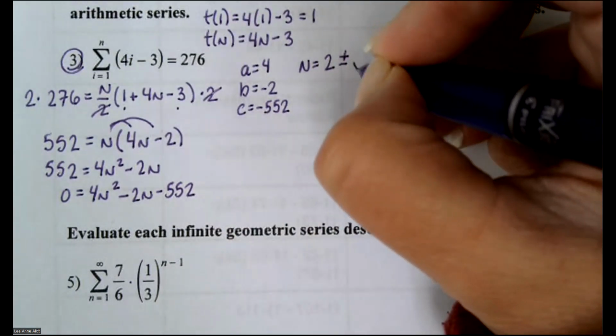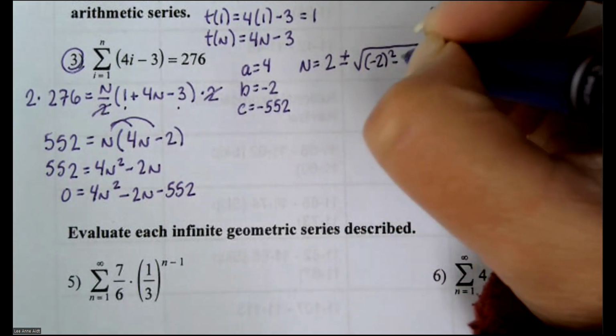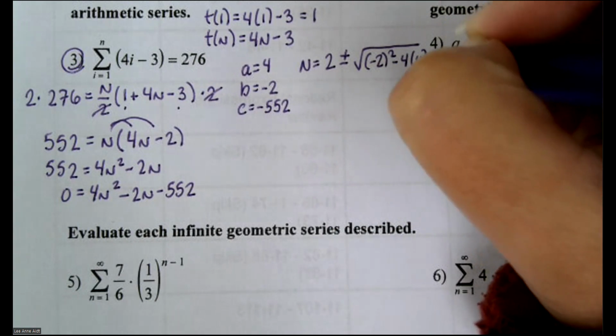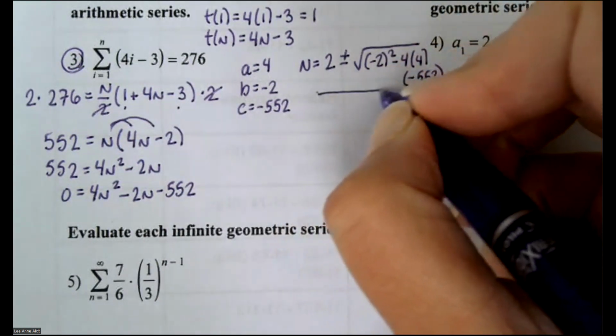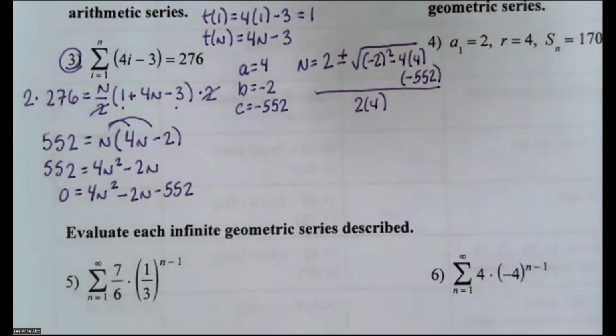Plus or minus, really only need the plus. b squared minus 4ac, all over 2a.